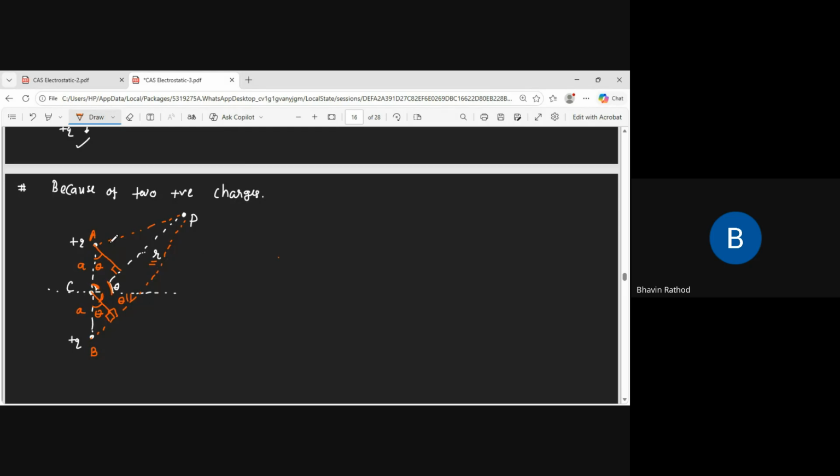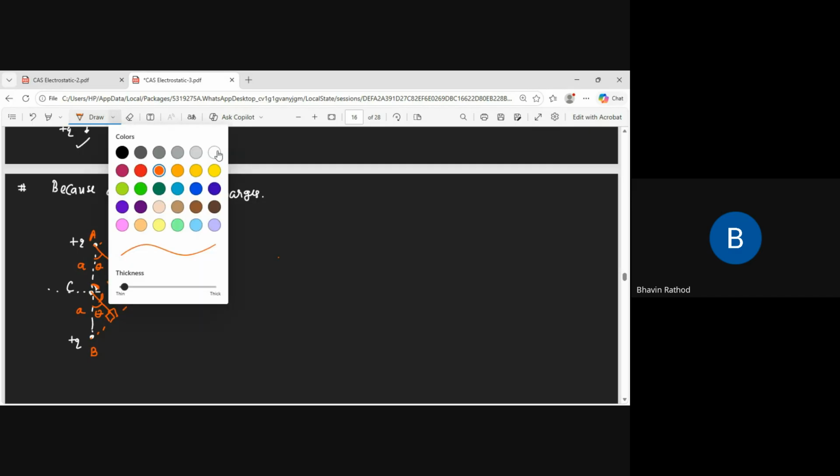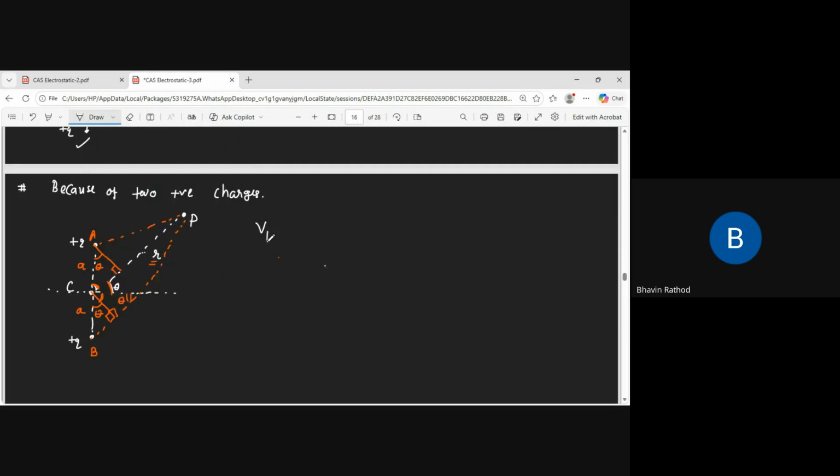So now we can say that the potential at P because of these 2 charges, you can write it like this: Vp is equal to KQ. Because of the top charge, the distance will be r minus this distance C to D, so that distance is a sin theta.